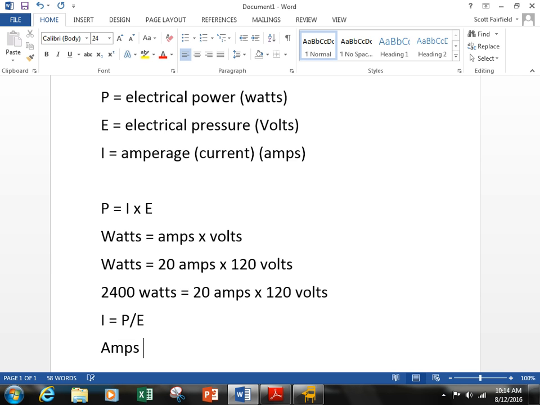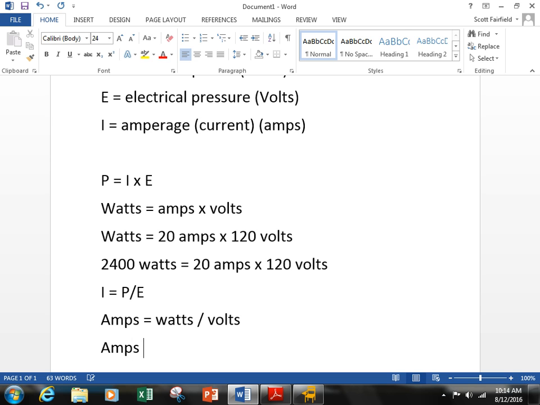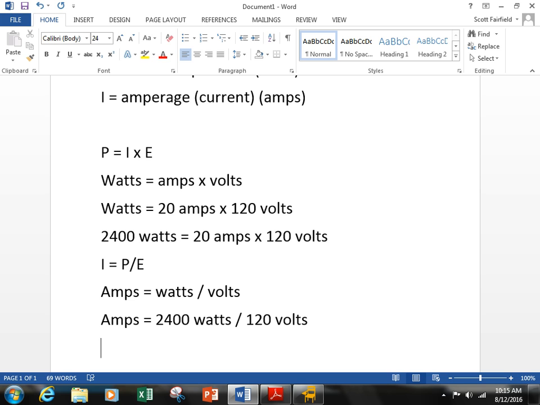I is amps, equals watts divided by volts. We determined that we happen to have 2,400 watts on a 120 volt circuit.